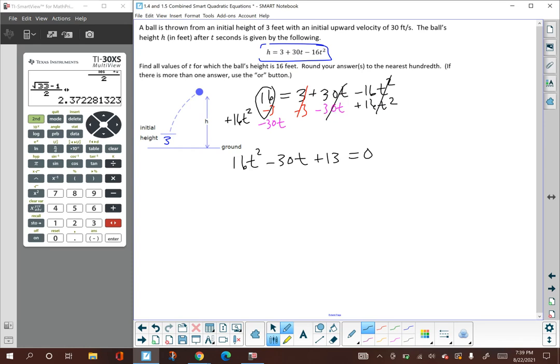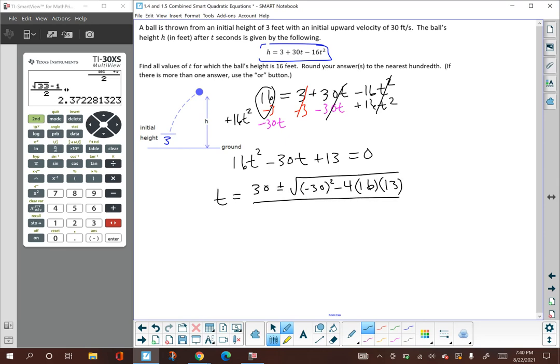So for our t value, we'll use the quadratic formula. Minus 4 times a times c. The quadratic formula is on the formula sheet for Math 1050.